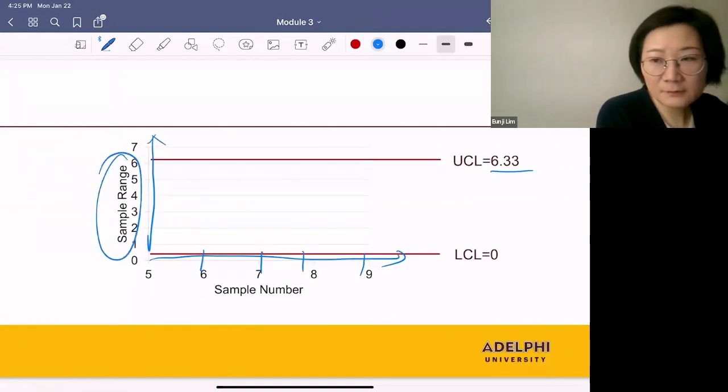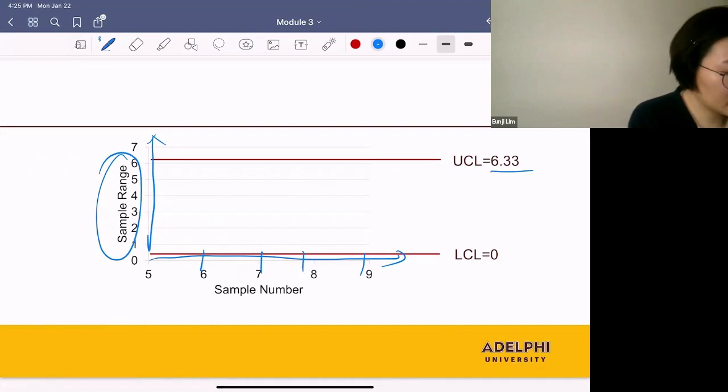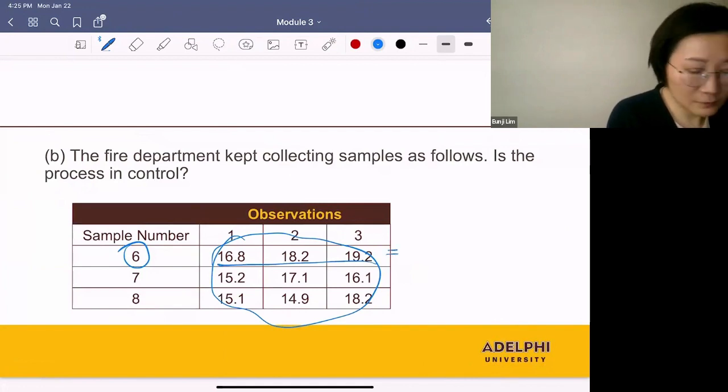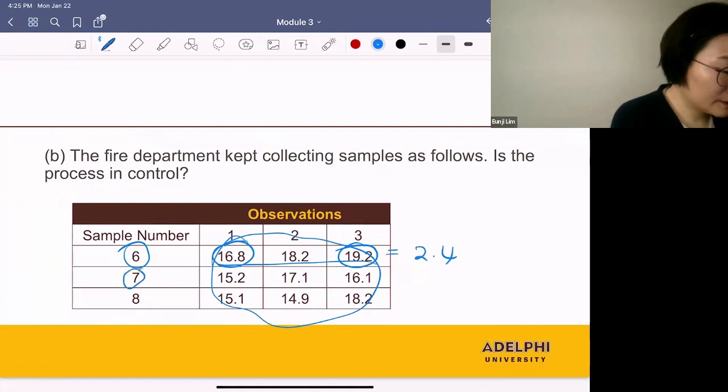The y-axis of the R chart is the sample range, so we need to compute the sample range for each sample and plot them. So what's the sample range for sample number 6? The largest value minus the smallest value, 2.4. And what's the sample range for sample 7?